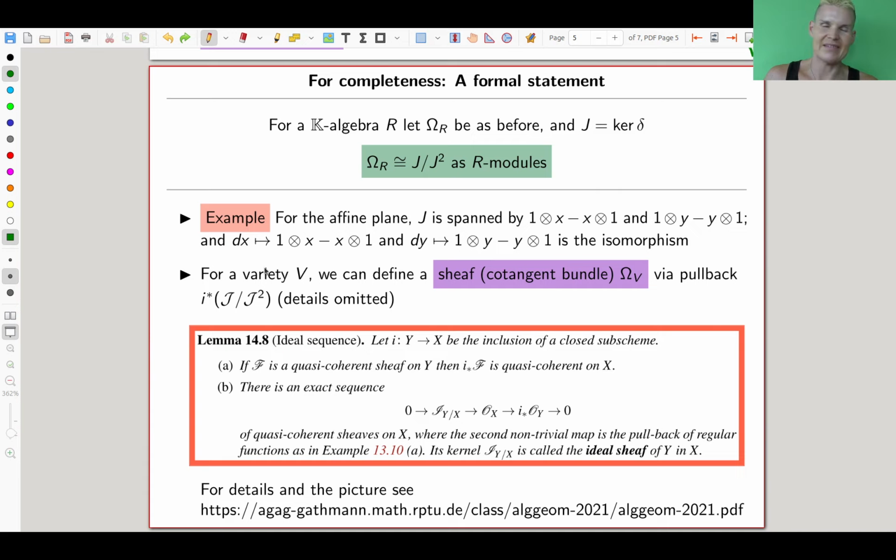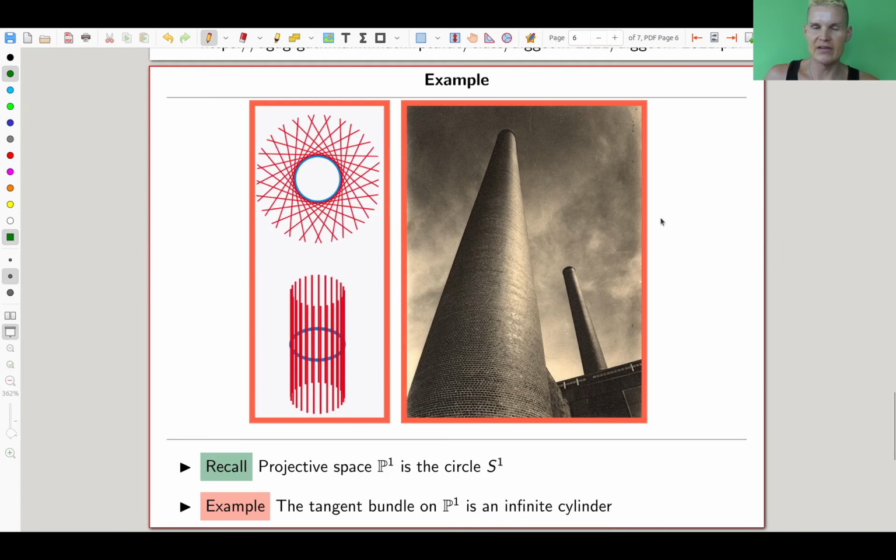That's the abstract definition that works for every variety. It just uses this idea of having those ideals around. And if you do the calculation explicitly for something nice, like projective space, this is not completely trivial to compute for a complicated variety. Complicated varieties are complicated. But if you do it for something easy like projective space, you end up with the picture you want.